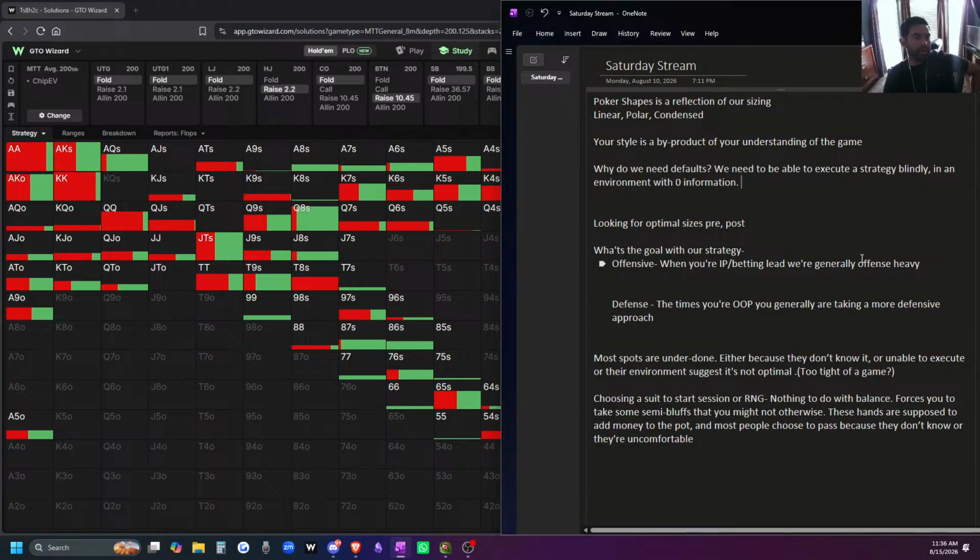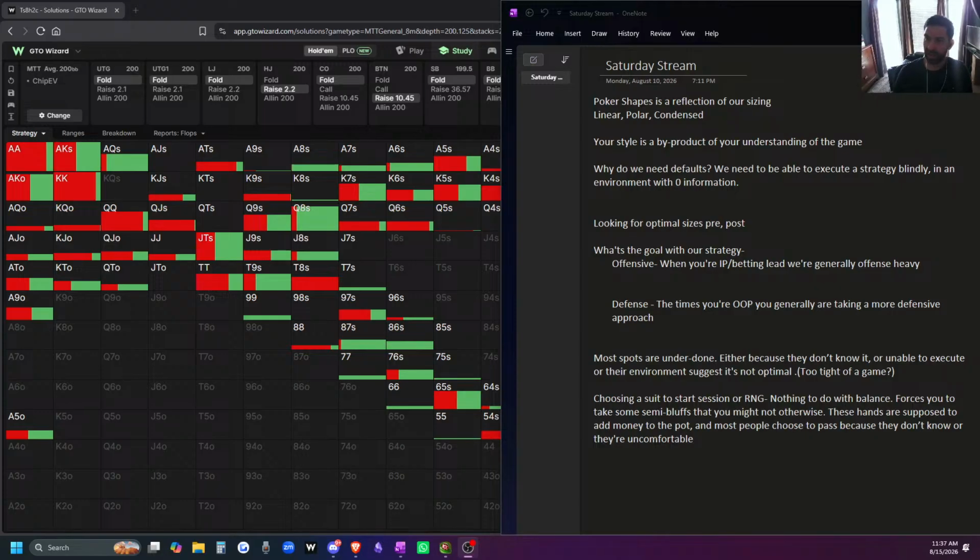But in the context of poker, I know what you're saying. We talked about this yesterday. So, regarding our defaults when it comes to poker, our defaults are GTO though, right?